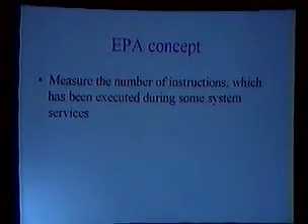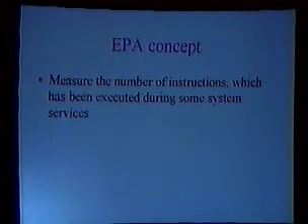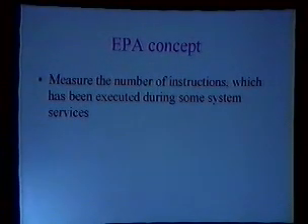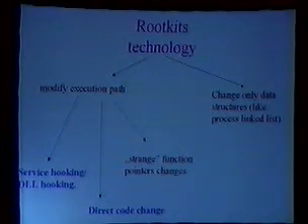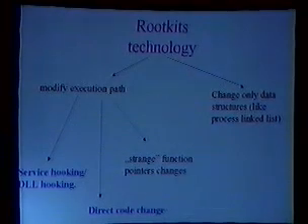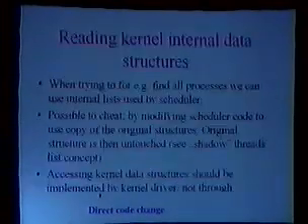We are just issuing such a query, and we are counting how many machine instructions have been executed by the system. This way we can detect all the rootkits which are based on execution path changing. So all the rootkits from this left branch we can detect by means of the kernel lister, and for this branch we will have execution path analysis.